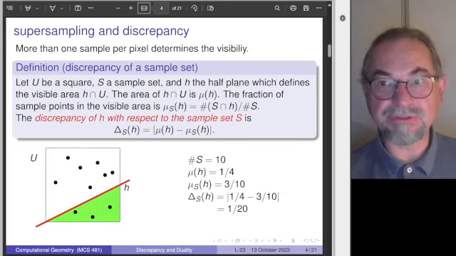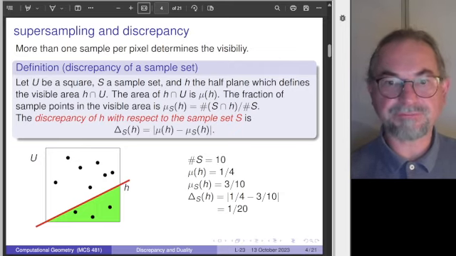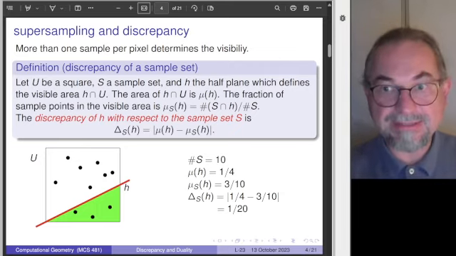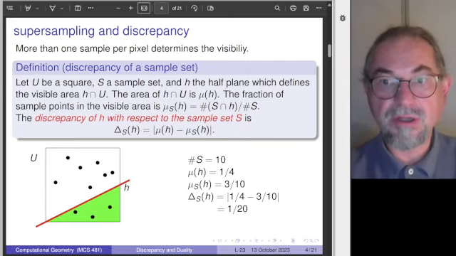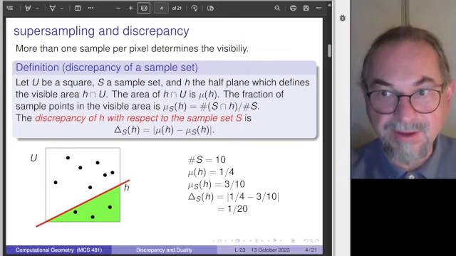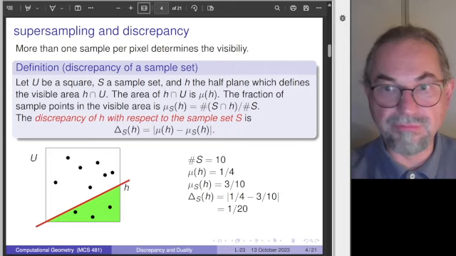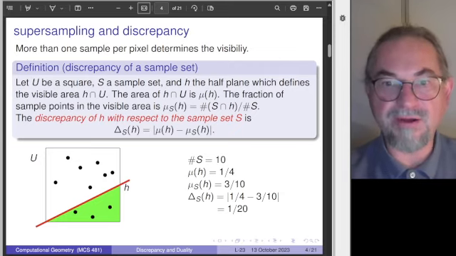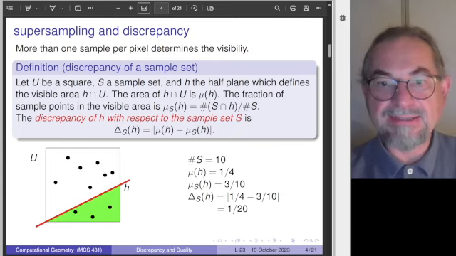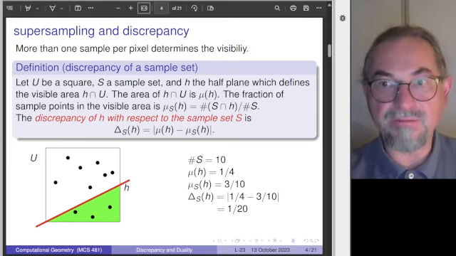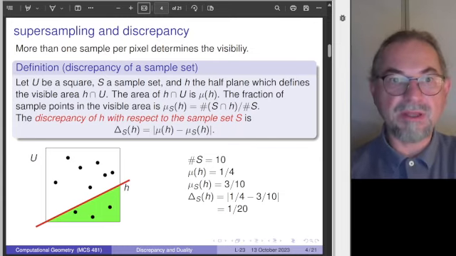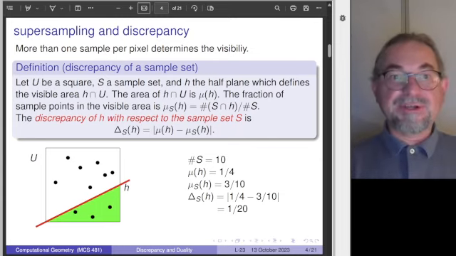So 10 samples is actually not that much. 1 over 20 is already 1 magnitude less than the actual value. So thinking with decimals, 0.25 is 1 over 4. The error is actually 0.05, so not bad.